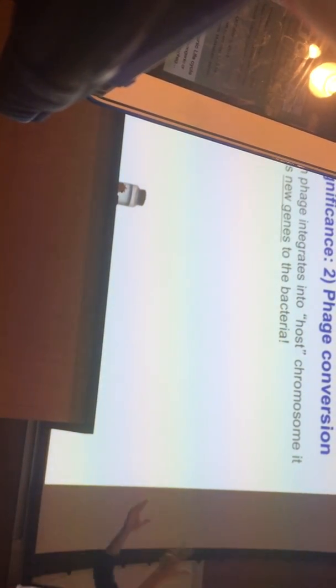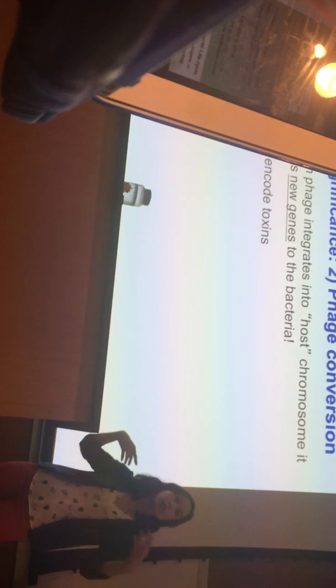So when a little virus integrates into the host, a lot of times it brings new information to the bacteria, and the bacteria might gain the ability to make something like a toxin. So the information for toxins doesn't necessarily have to come from a plasmid. It could come also from a viral infection.